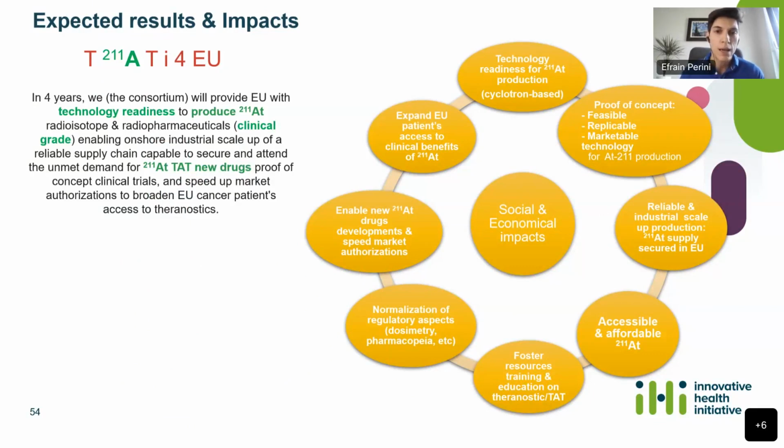This would make astatine accessible and affordable, which would foster resources, training and education for theranostics and targeted alpha therapy. This would lead to standardization and regulatory aspects such as dosimetry, pharmacopeia, etc., which would enable new astatine drug development and also speed up market authorizations, which would promote and expand European patients' access to the clinical benefits of astatine. This would promote a circle with direct and indirect socioeconomic impact.